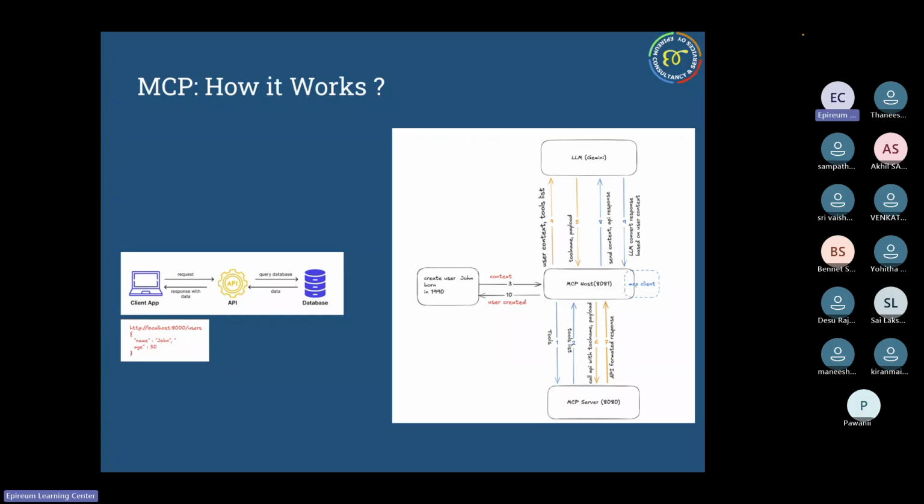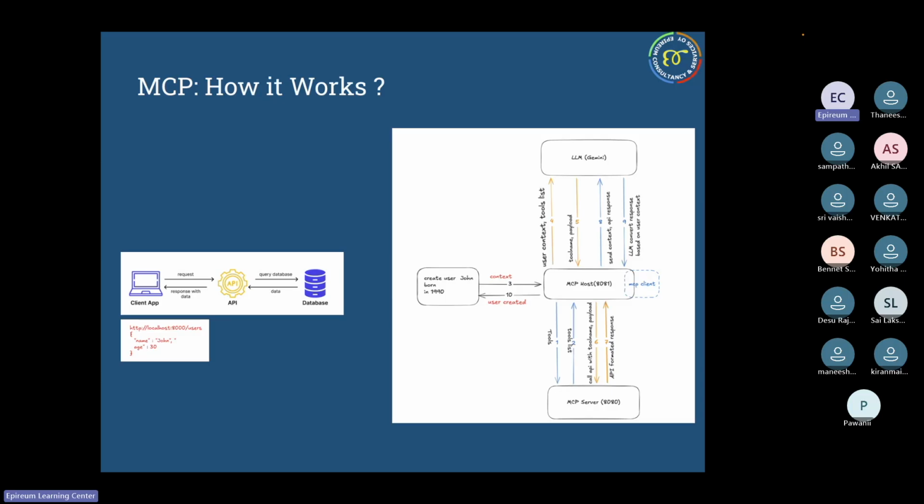So how does it work? Overall, how does this MCP work when you look more into it internally? On the left hand side, I provide a very simple API, for example. There is a users endpoint, and you send a name and the age, and the API will send that information to the database, and then respond back with the desired output for that API.